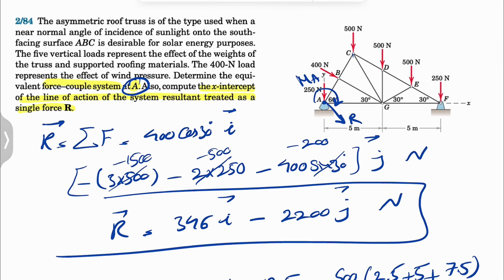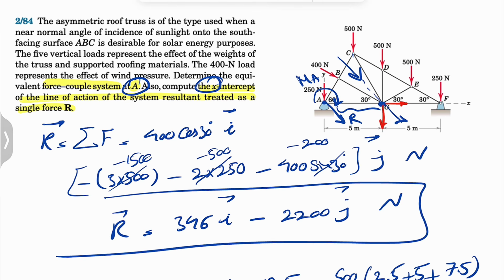For finding the x-intercept, we can see that in order to make this clockwise moment, R has to be in this direction, and what the question is asking is this distance. For that, we can resolve this force into two components.